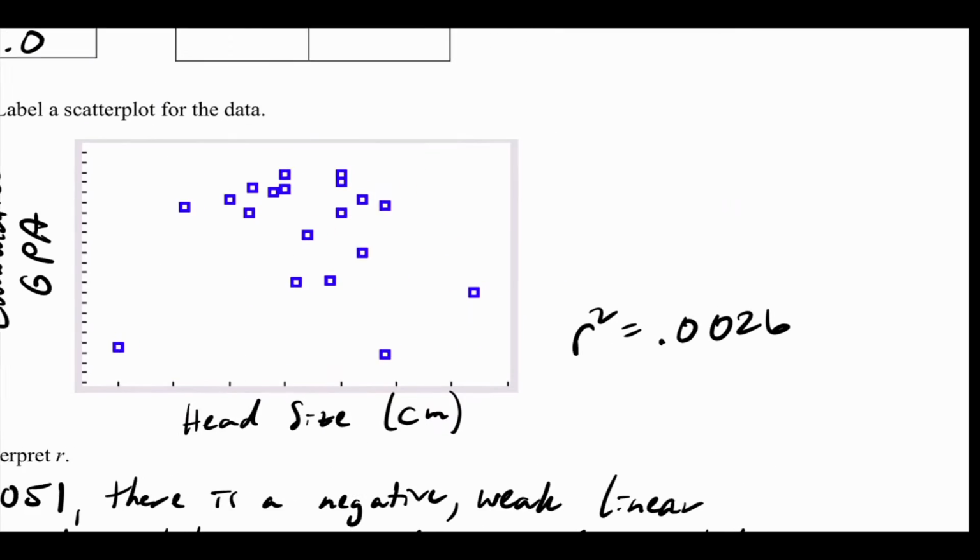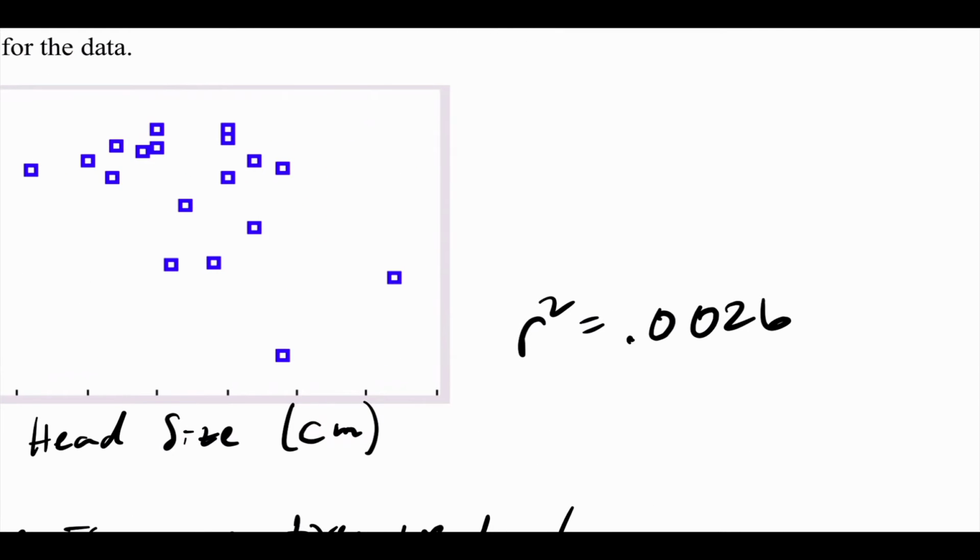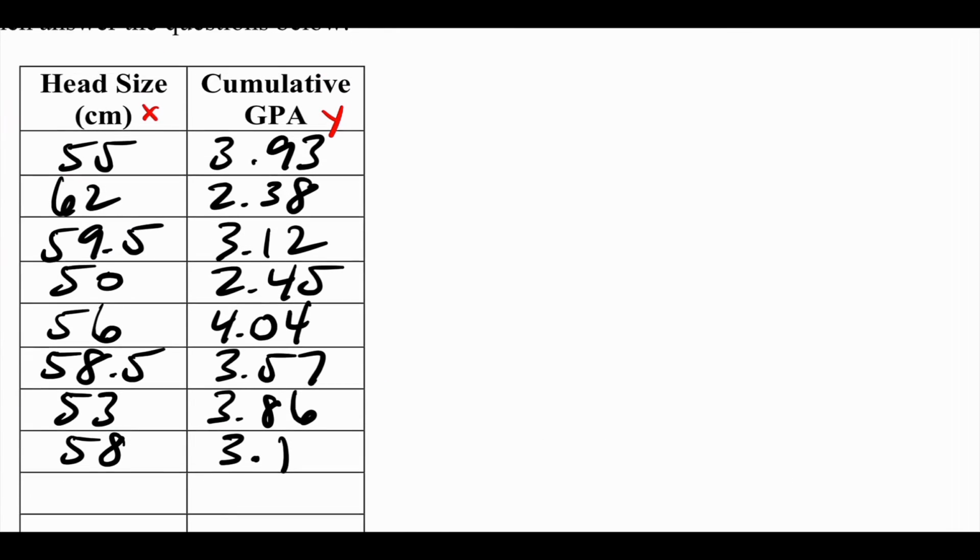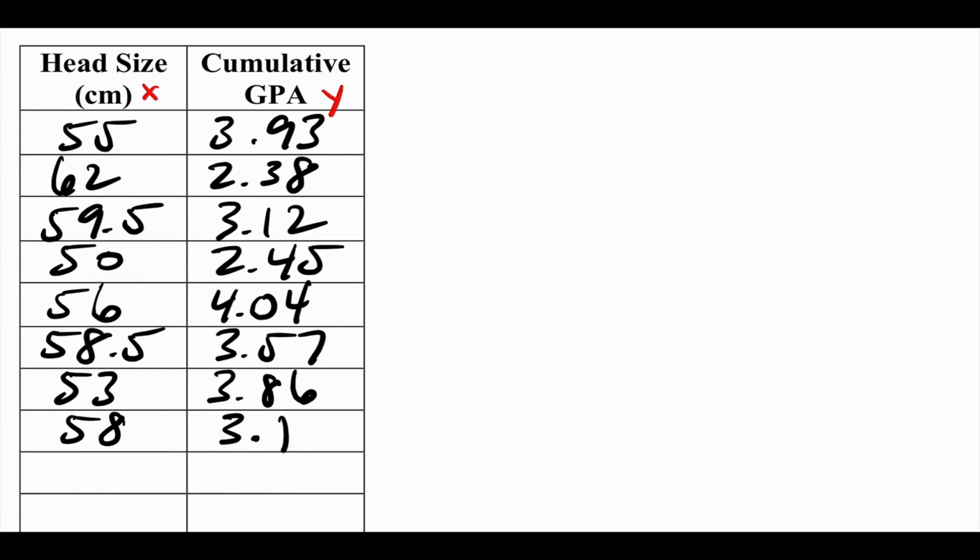So what R squared is saying is it's explaining why your GPA is what it is. Well, when I compare it to head size, it's less than 1%. So about 1% of the reason why your GPA is what it is is because of your head size. Does that make sense?